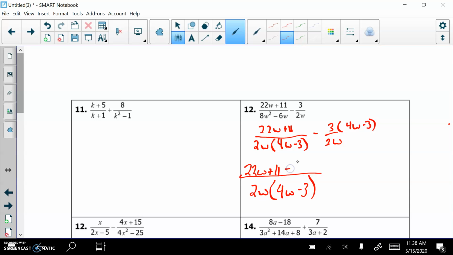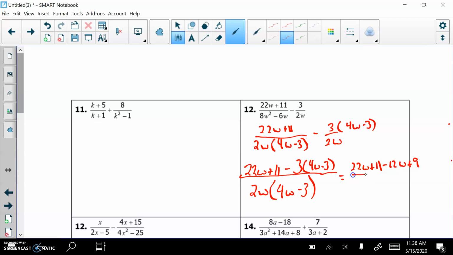So subtract 3 times 4w minus 3. That gets me 22w plus 11 minus 12w plus 9. Let's go ahead and clean that up before we write it over the common denominator.